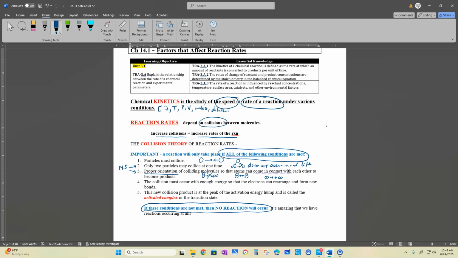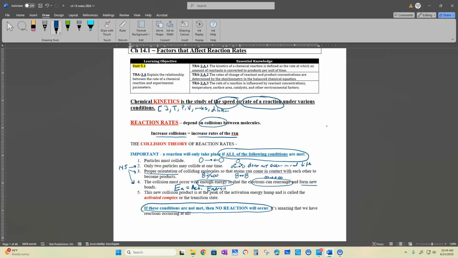The collisions must occur with enough energy so that the electrons can rearrange and form new bonds. This is also in 14.5, where we're going to talk about something called capital E, little a, activation energy. You have to have a certain amount of energy so you can break whatever bonds and form new bonds.